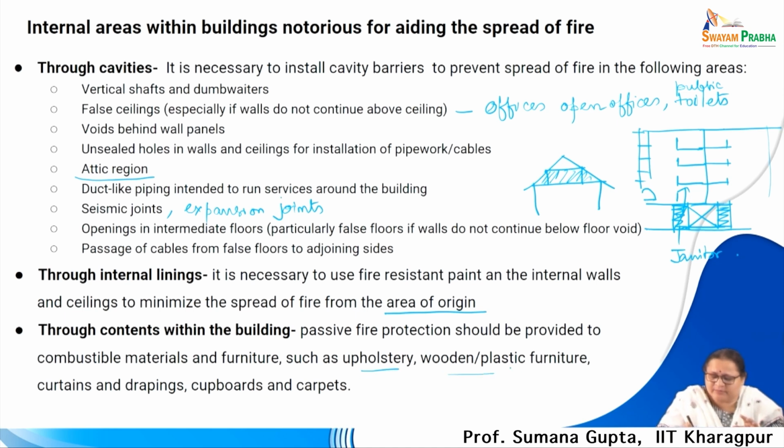Upholstery, wooden, plastic furniture, curtain, we are nowadays in the mode of using plastic furniture inside buildings, chairs, because of their convenience, because of their cost. In winter countries, winter states, we use carpets. We have wooden cupboards and wooden linings. Even floor linings are coming as wooden strips, wooden tiles.